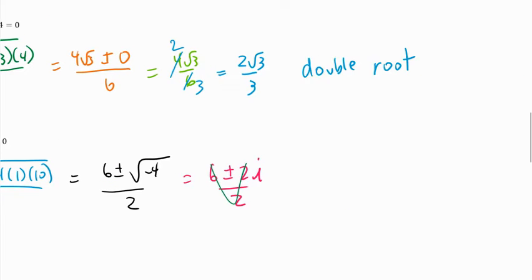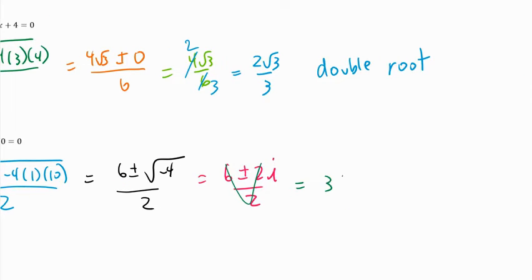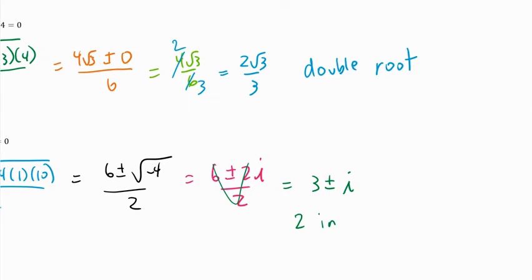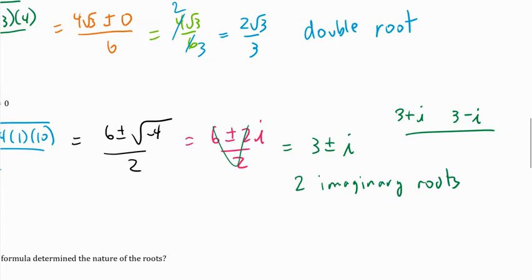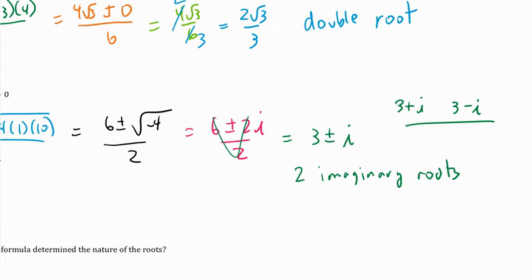Divide out a 2. 3 plus or minus i. So this time I still got two answers, 3 plus i and 3 minus i. So I have two imaginary roots. These are conjugates of each other because they have the same numbers but different signs. So we have two imaginary conjugate roots.